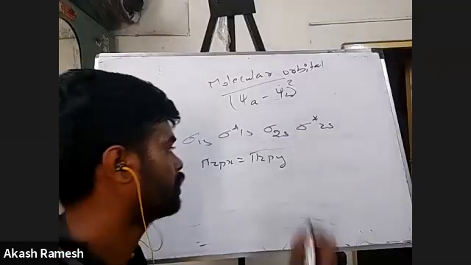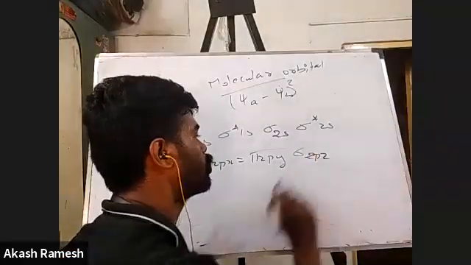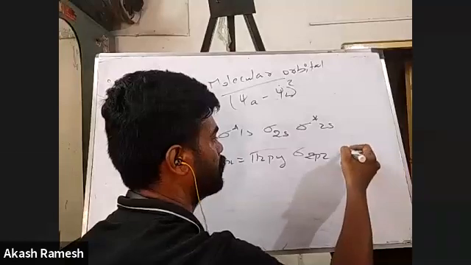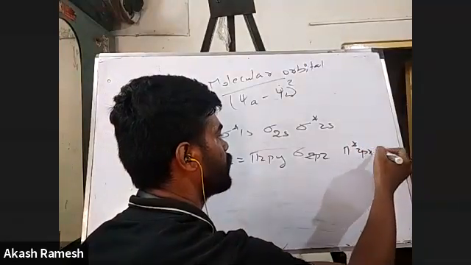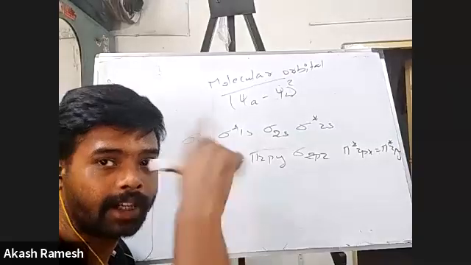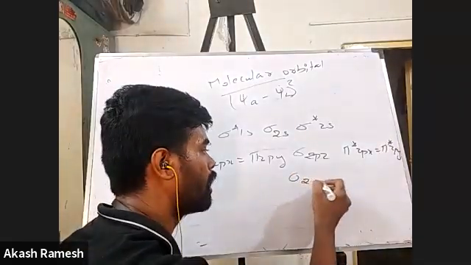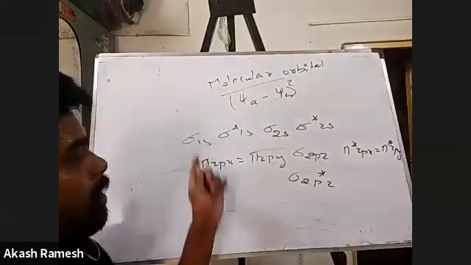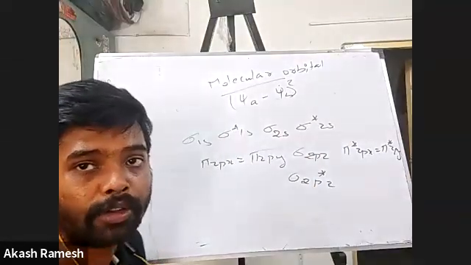Okay, so after this, I would have had sigma 2pz, then comes your pi star 2px equal to pi star 2py, and at last, I have sigma star 2pz. This is the order which you have to follow.